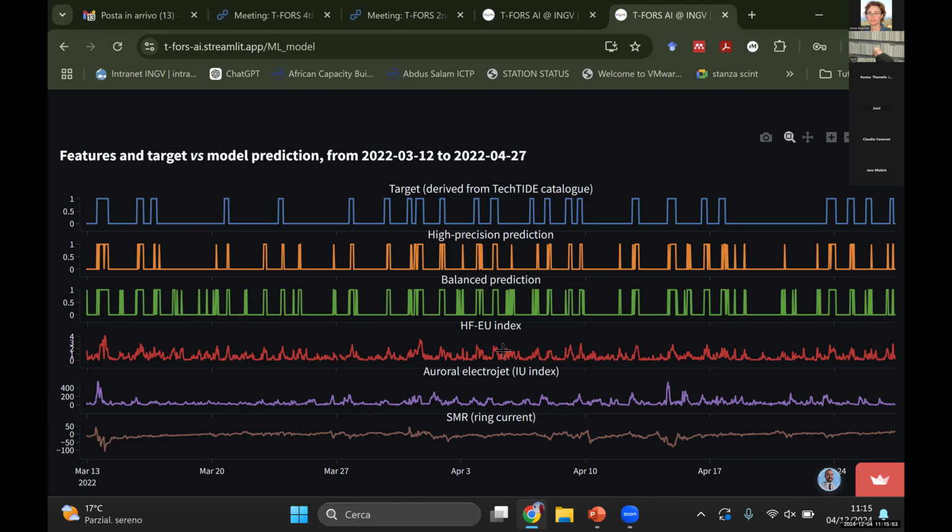And then here you get the features you have selected at the very beginning to be shown together with the prediction. So basically you can see if something is going on during the period you selected in terms of geomagnetic storm or auroral indices.